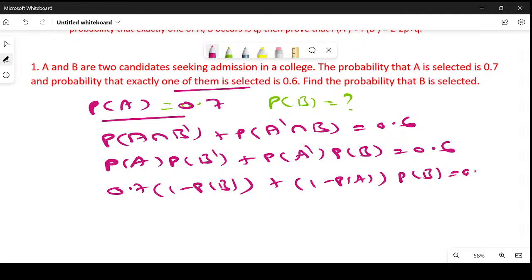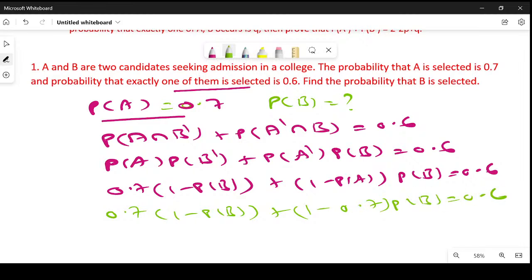Now I can write 0.7 into 1 minus P of B, plus 1 minus P of A, that is 1 minus 0.7, into P of B, equal to 0.6.